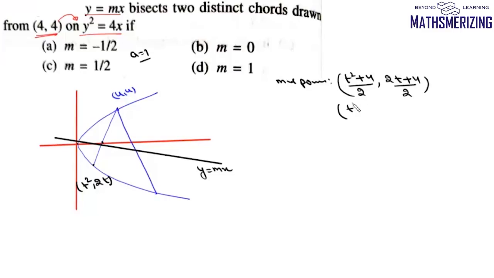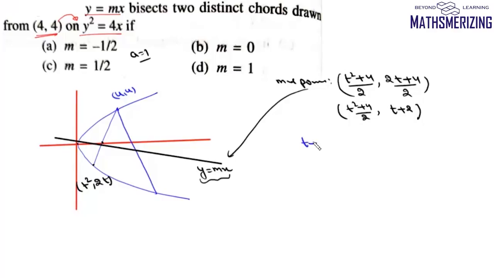So it will be ((t² + 4)/2, t + 2). Now this midpoint lies on this line, which is y = mx.